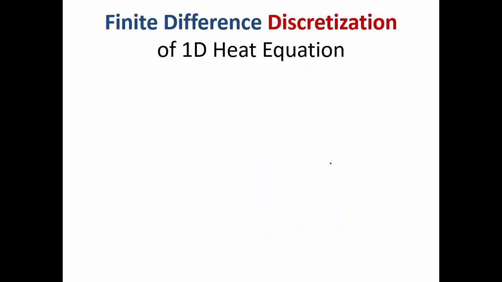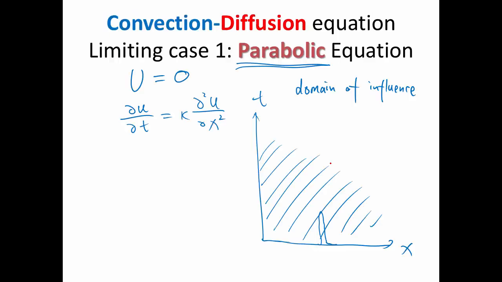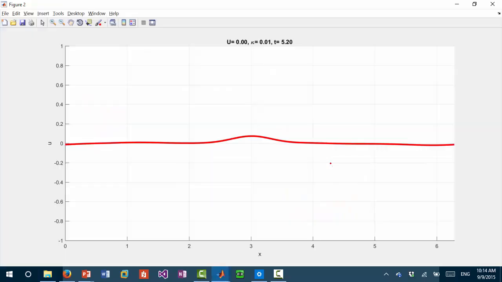Okay, now we have seen that in a partial differential equation, the solution, even at a particular time, is not a few numbers. It is a continuous function. Right? When we plot the solution, it is a function of x even at a particular time.